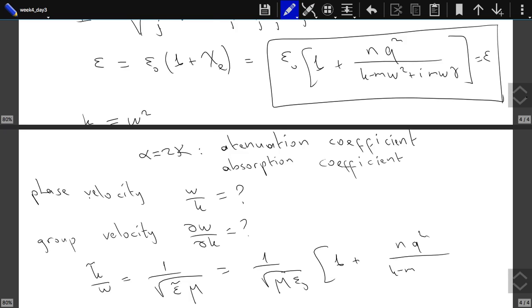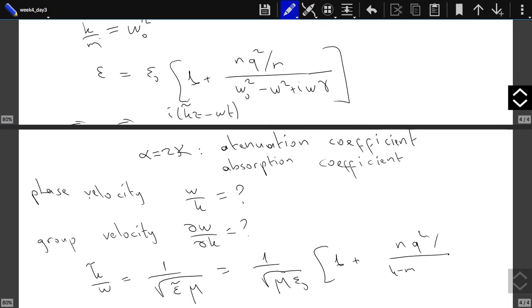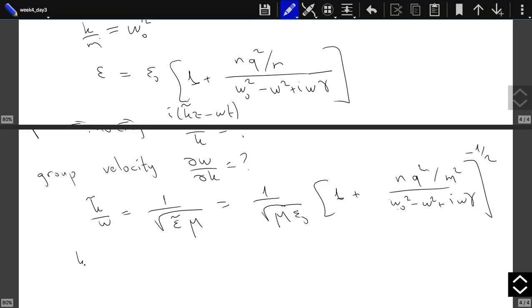We had already calculated epsilon: 1 plus nq squared over m, divided by omega 0 squared minus omega squared plus I omega gamma, to the power minus 1/2.